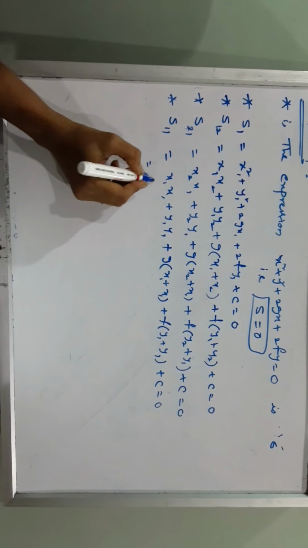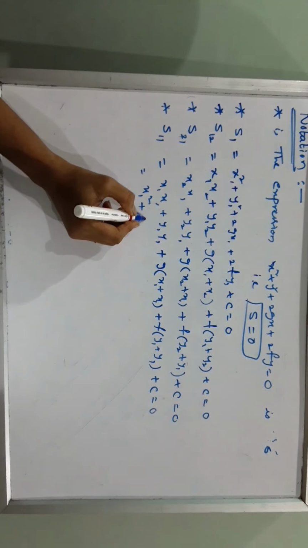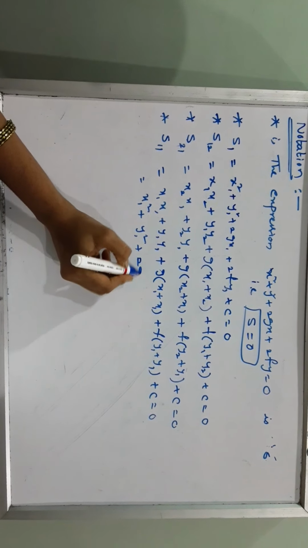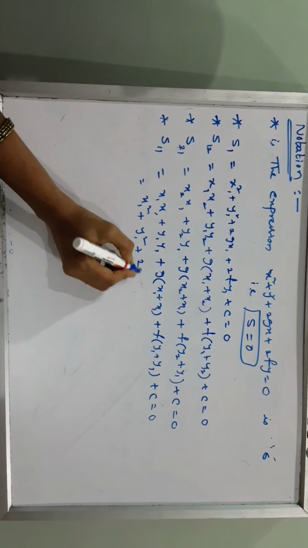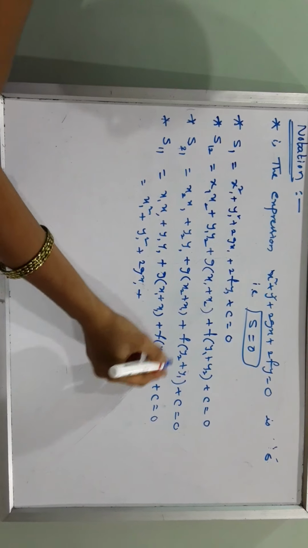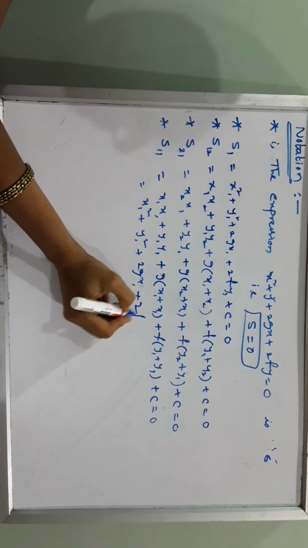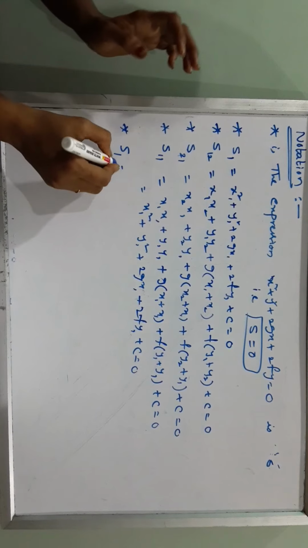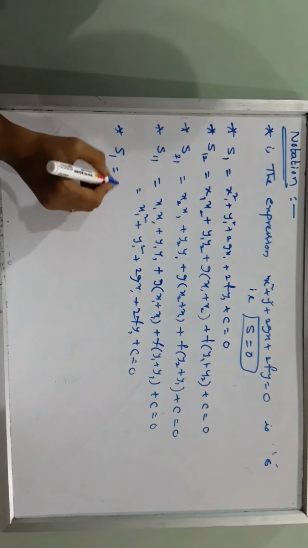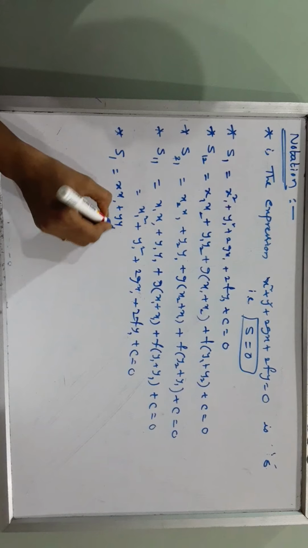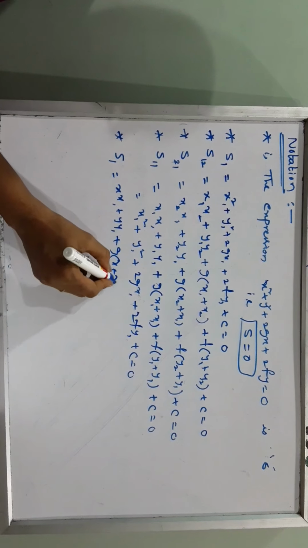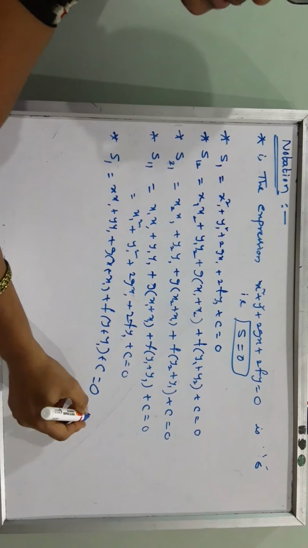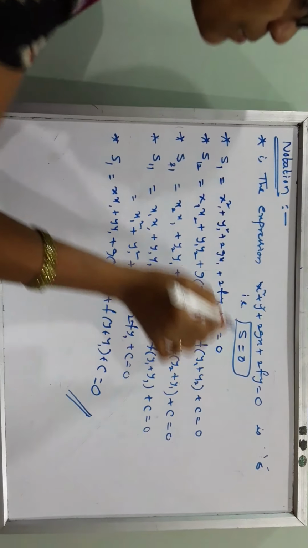This can also be written as x1 square plus y1 square plus 2gx1 plus 2fy1 plus c is equal to 0. Here S1 is x x1 plus y y1 plus g of x plus x1 plus f of y plus y1 plus c is equal to 0. These are the notations.